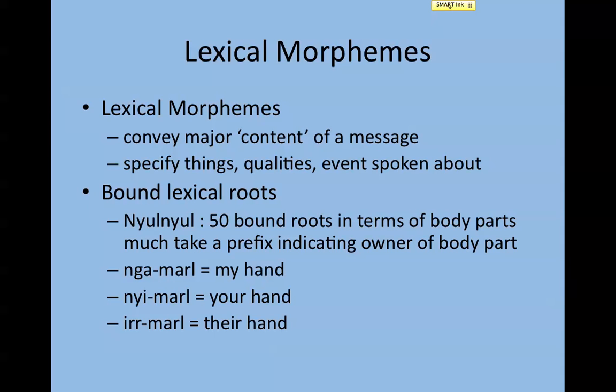So, for example, ngamal means my hand, and you can't have mal without nga. Then you have nimal, which means your hand, and you can't have mal unless you have ni. Then you have irmal, which means their hand, and you can't have mal without ir. So these are all bound lexical roots.